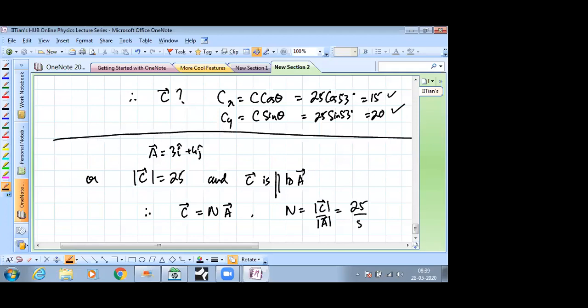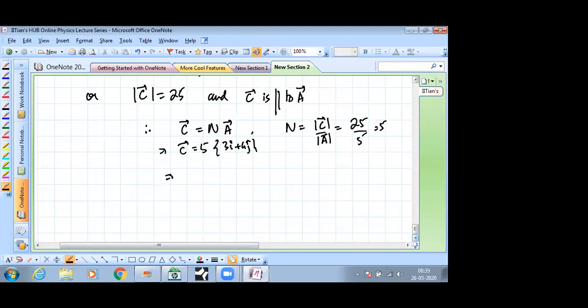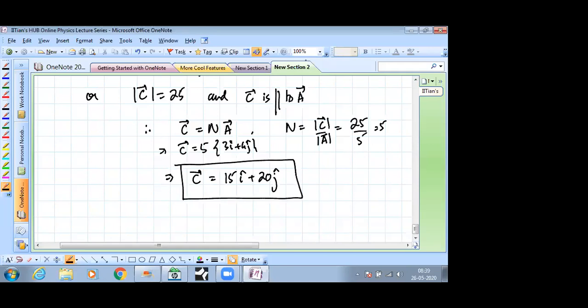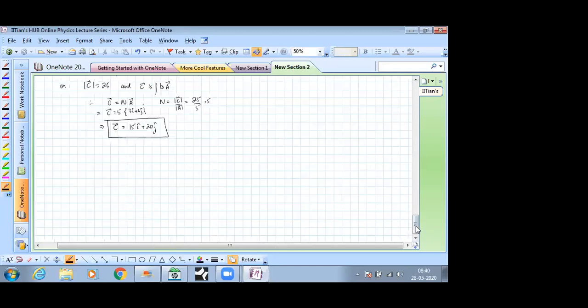So n becomes 5. So C should become 5 times 3 i cap plus 4 j cap. So this method is also there. There is one more method of doing this, and we'll discuss that very soon. That is the method of making use of unit vectors. But as of now, you can just understand these two methods.